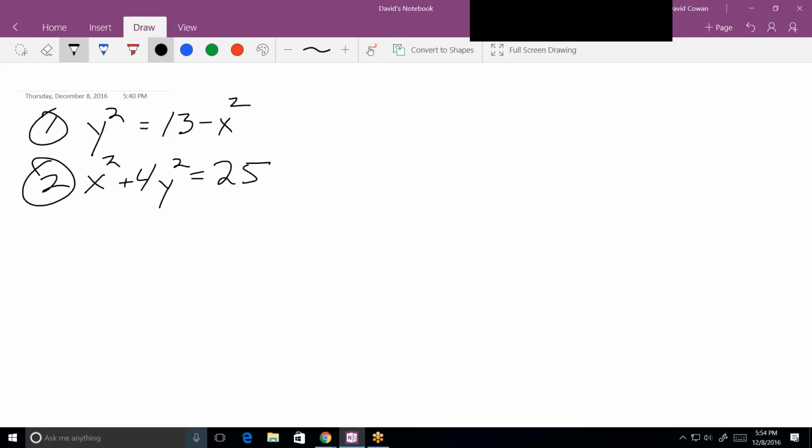What's the next step? The next step would be to divide everything by 25. No, we're trying to solve this system of equations. We're not trying to graph it or put it into standard format. Okay. Let me make another suggestion.